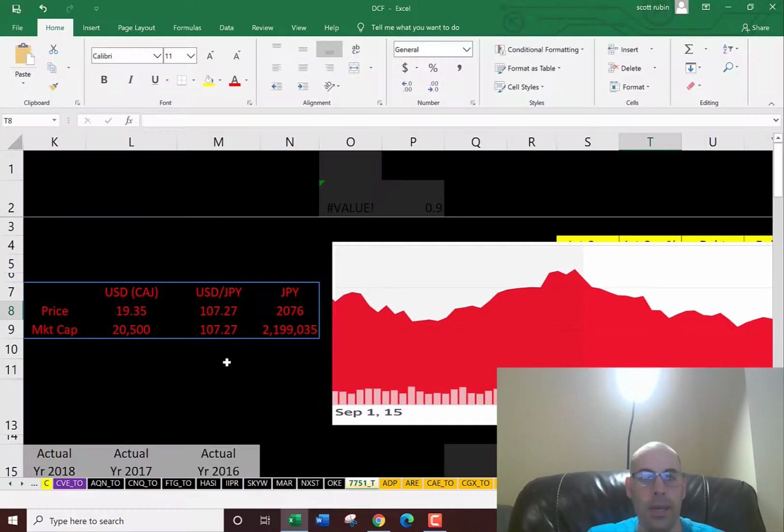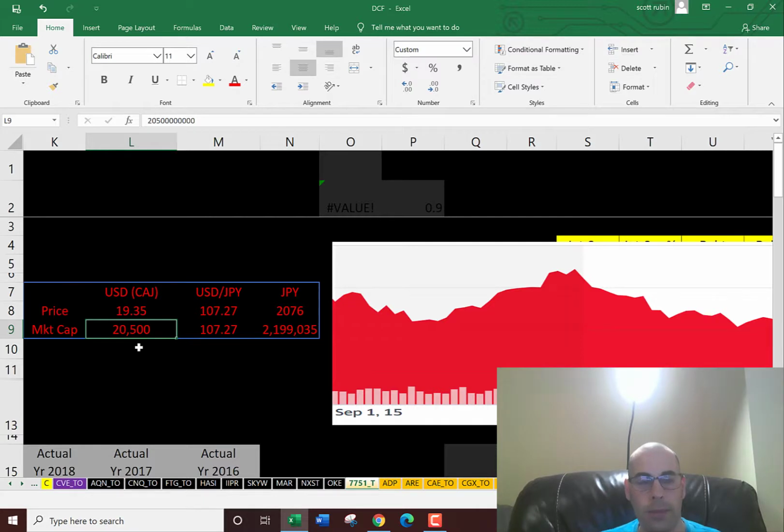To show you why it doesn't make a difference, if I look on the US Exchange, the stock ticker is CAJ and the price is 1935. If I convert that to Japanese yen using the exchange rate, that's 2,076 yen, which is roughly what it's trading at on the Tokyo Exchange. Same thing with the market cap.